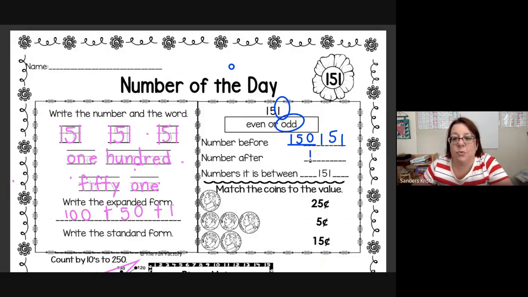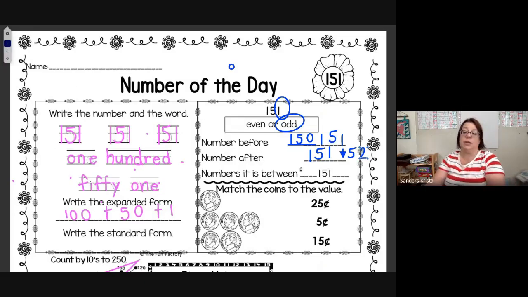What comes after 151? 152. Okay, so 151 is between the numbers 150, 151, and 152.